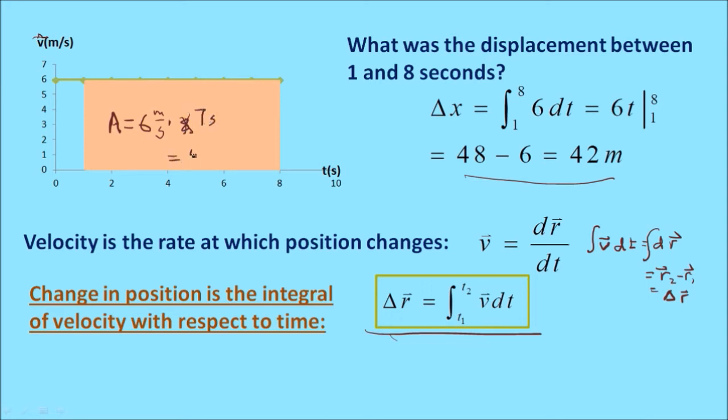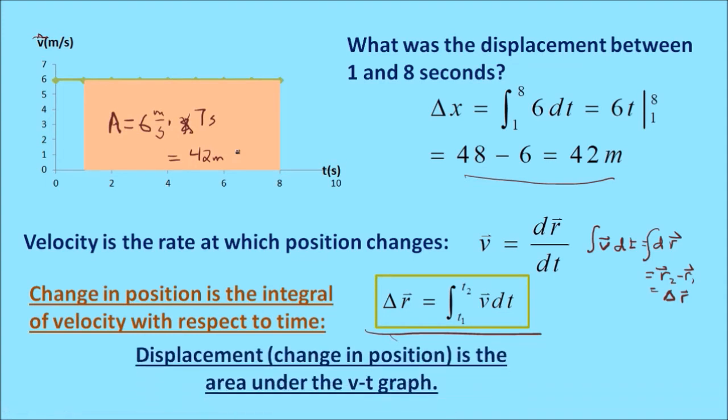And so we would get 42 meters as the area of the graph, not square meters or anything like that. And so because an integral can compute an area of a graph, we could also say that the displacement, the change in position of an object, is the area under its velocity time graph.